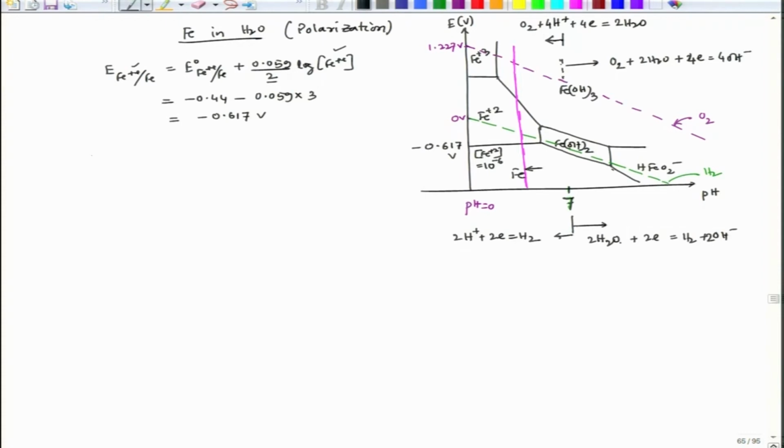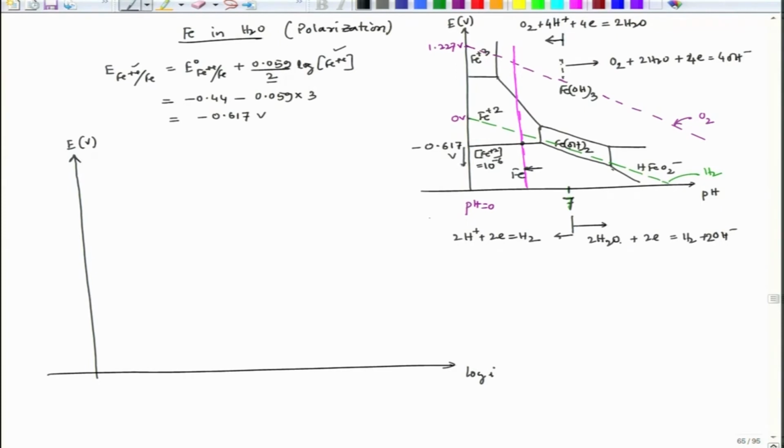If we see that plot, log I against potential voltage, if we start from this until it reaches here, I will have very low iron ion concentration, lower than 10 to the minus 6, because as we go down from this point iron ion concentration reduces.